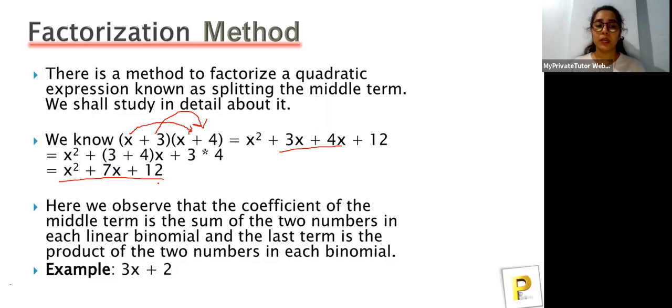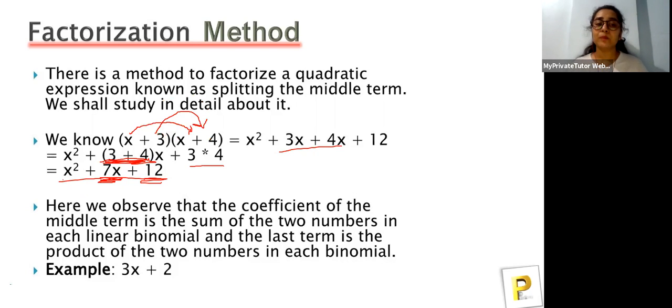Here we observe that the coefficient of the middle term is the sum of two numbers. Now see, I'll tell you how. The 7 that you got over here: when you add 3 and 4 you get 7, that is b, and when you multiply 3 and 4 you get c, that is 12. That is what you will be given, the quadratic equation, and you have to find these numbers. That is what you have to do in this factorization.